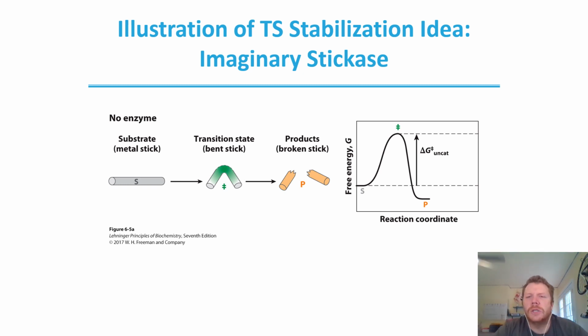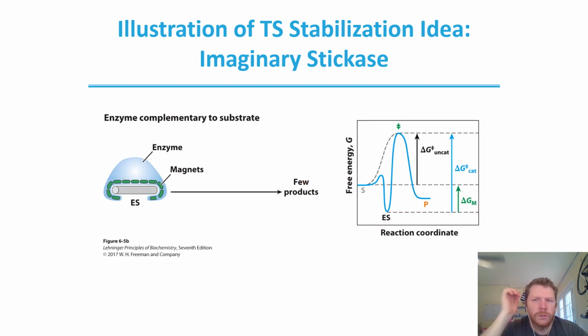Your delta G double dagger, your uncatalyzed free energy change, is pretty significant compared to with the help of an enzyme. Okay, what we've got is an enzyme here that has an active site that is complementary to the substrate.